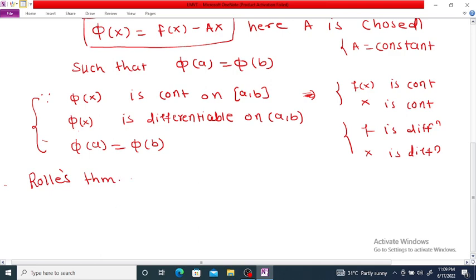So by using Rolle's theorem, there exists a c belonging to (a, b) such that phi dash c is equal to 0.